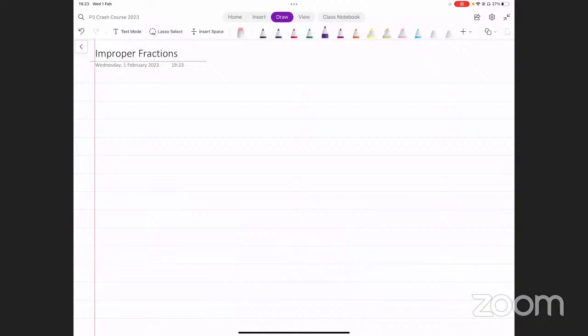What were improper fractions? If you had, for instance, 3 over 5, this would be called a proper fraction, right? Why? Because in this case, your numerator is less than the denominator.